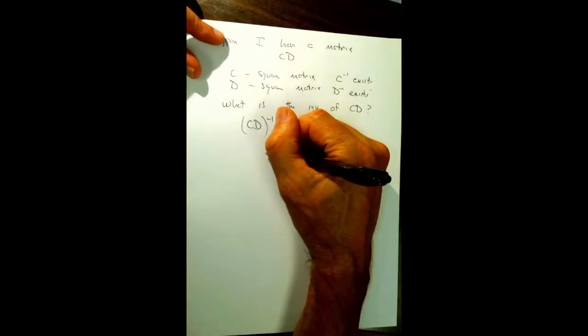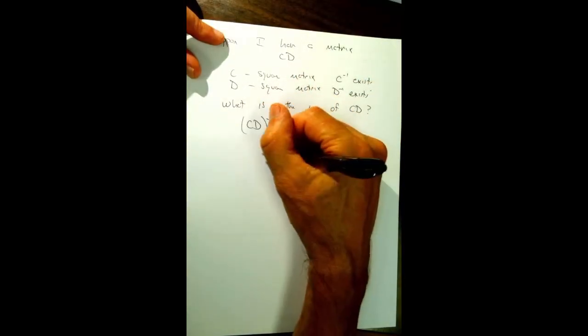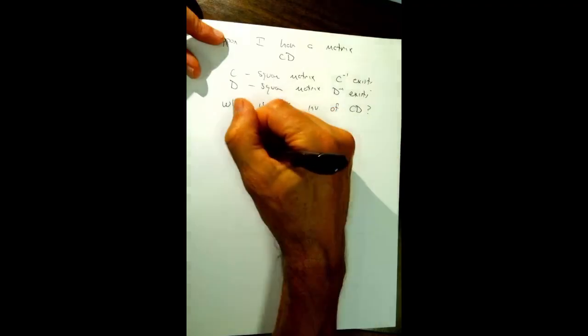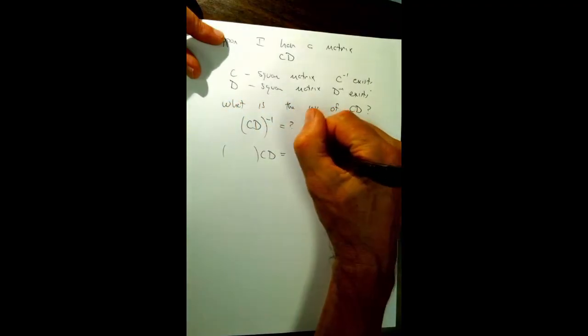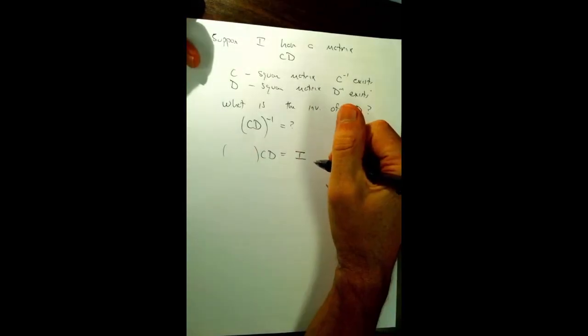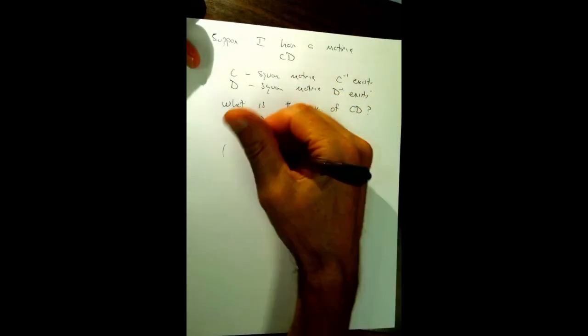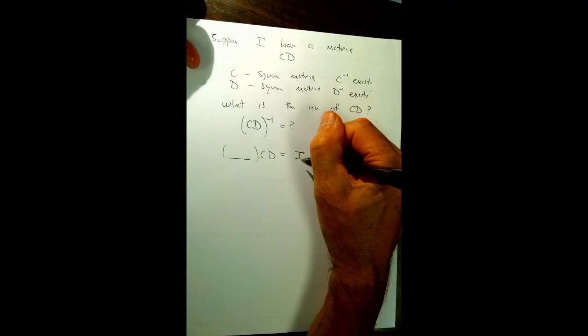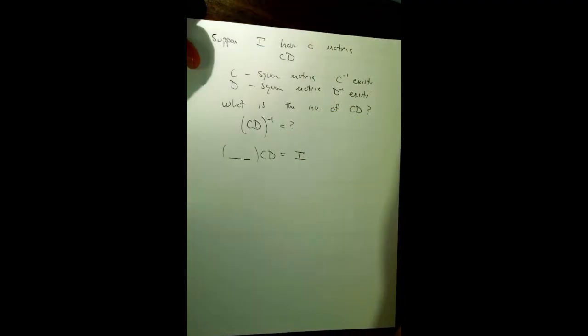So I am looking for something that when I multiply it, I get I. So here's the thing. What goes here so that I end up with I?